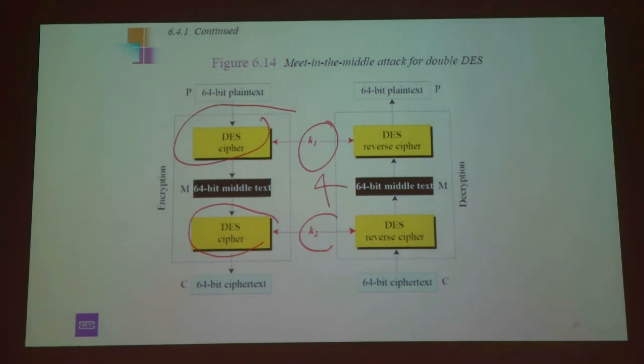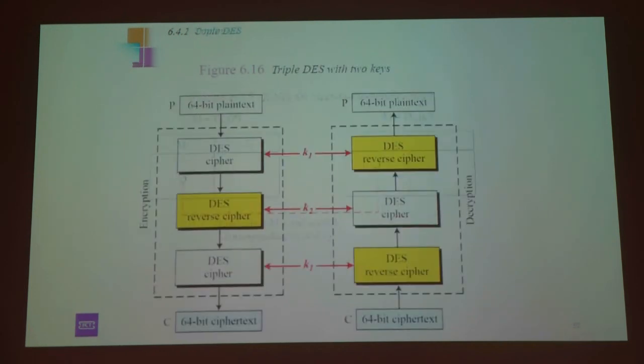So you encrypt with key 1, key 2, and decrypt. Also, there is triple DES, with 3 keys, key 1, key 2, key 3, applied in sequence. The keys could be 2 keys, key 1, key 2, key 1 again, or 3 completely different keys, which will make it the strongest.